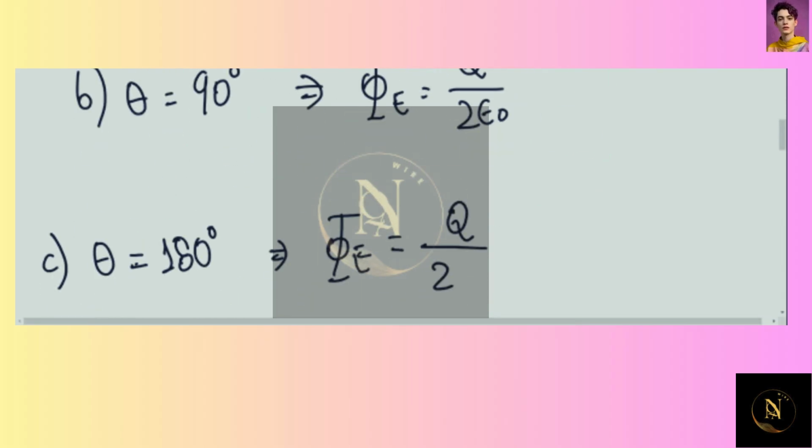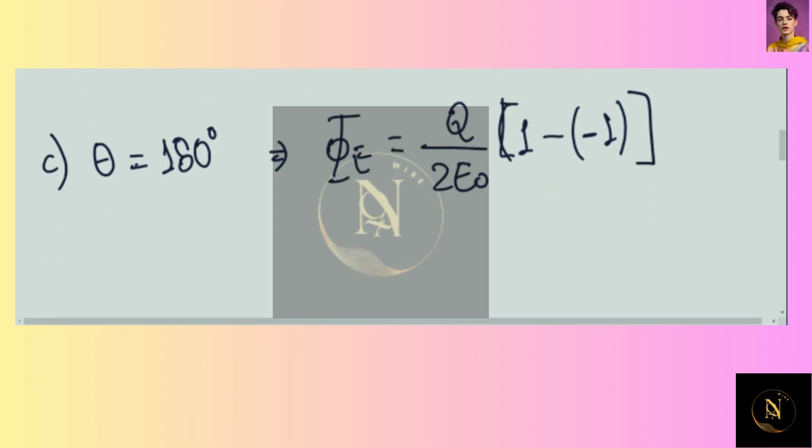We have the charge divided by 2 times epsilon sub 0, and this times 1 minus the cosine of theta, but we have minus 1 times the cosine of 180 degrees. So from this, we obtain 2. That cancels with the 2 in here. So the electric flux for that angle theta is equal to the charge divided by epsilon sub 0.